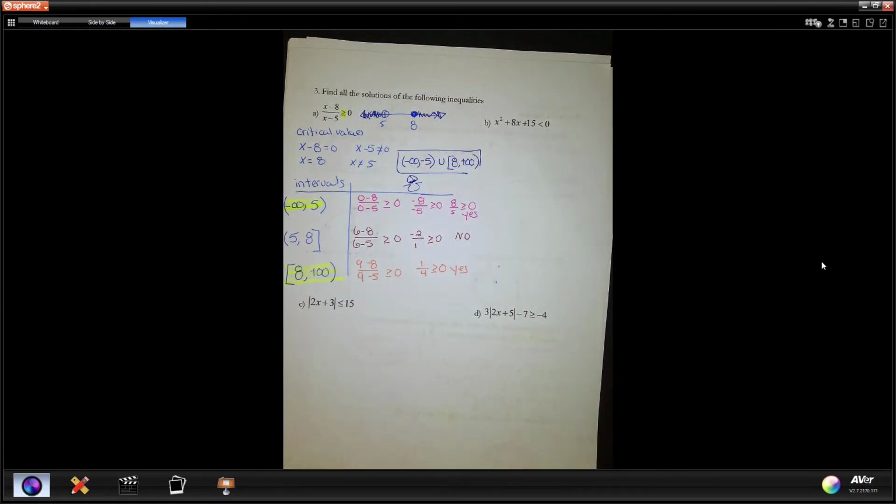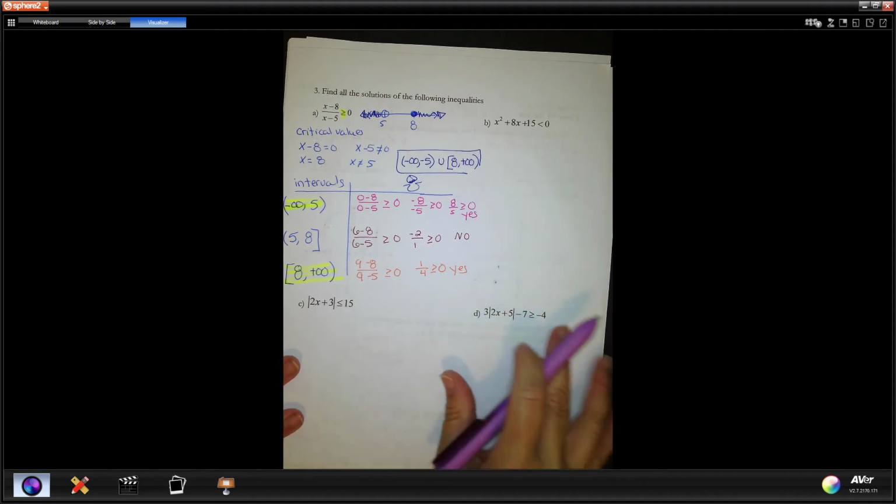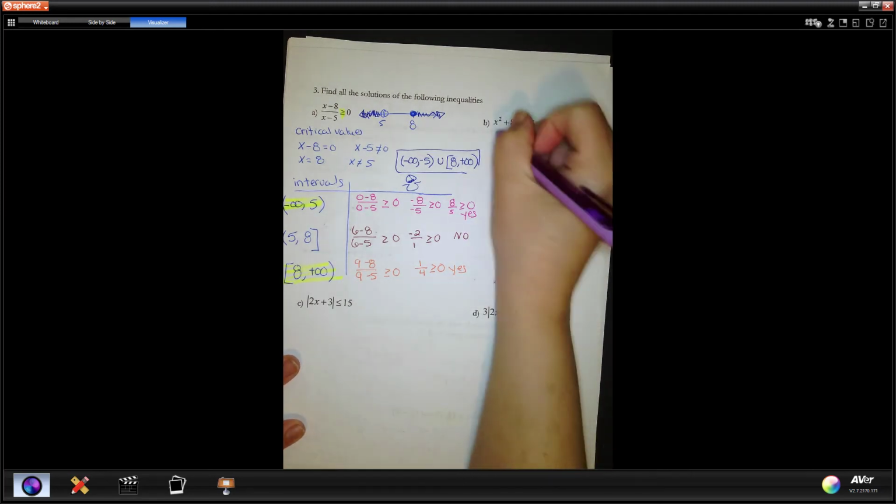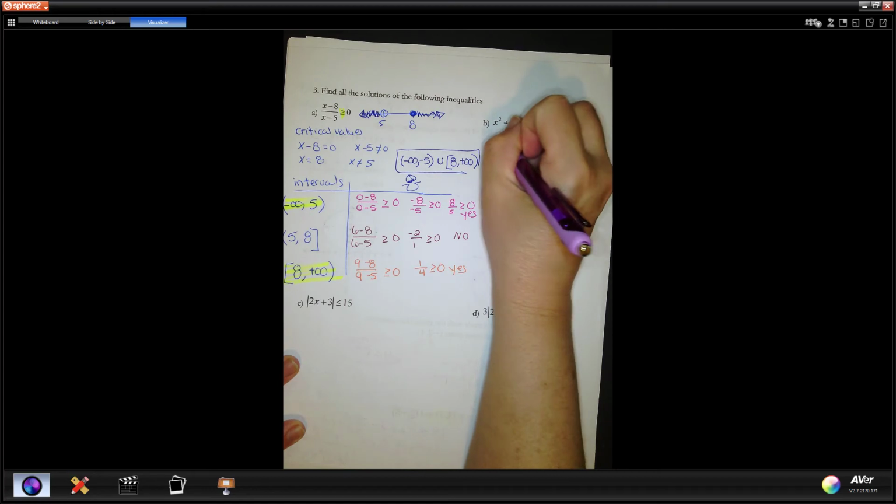And kind of looking at letter B, same type of thing is going to hold true. We have x squared plus 8x plus 15 is less than. Okay, and looking at this, first thing we're going to do is go ahead and factor these. So yay, because we know how much we love to factor because we're going to find our critical values.